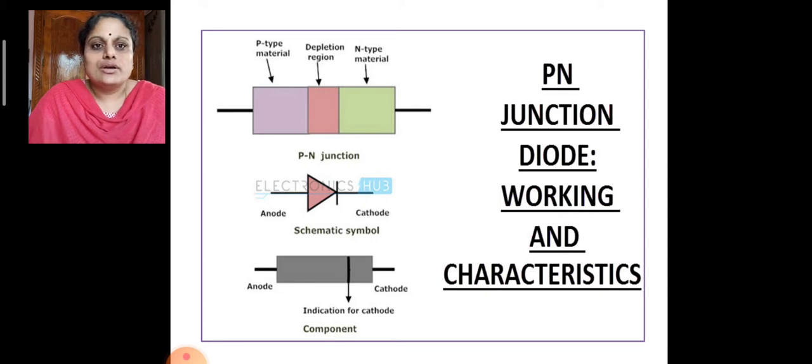PN junction diode is represented by the figure given in the middle. That is, the anode will be the left hand side of the marked portion and cathode will be represented by a line.